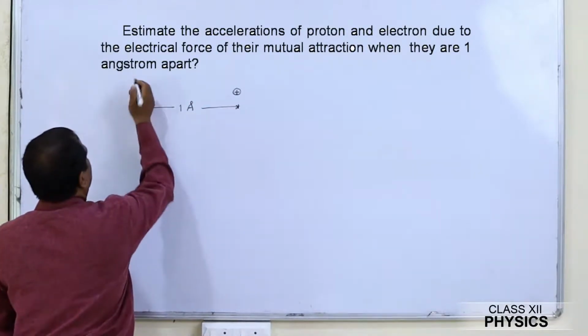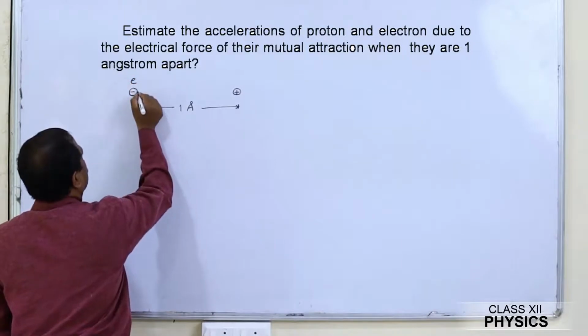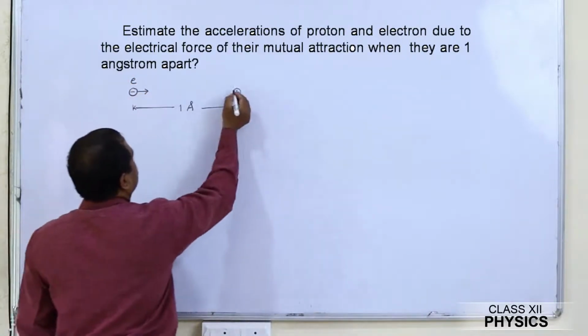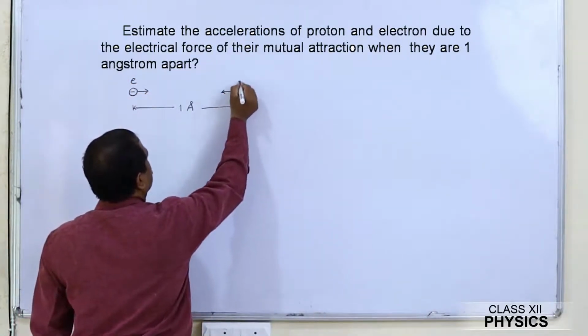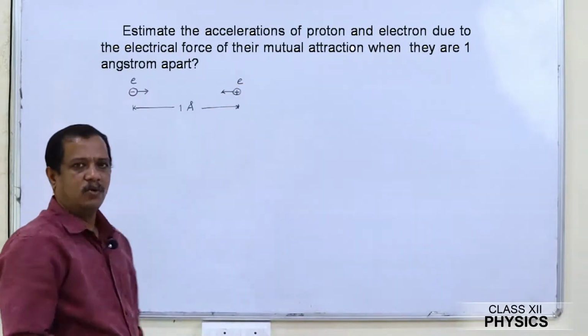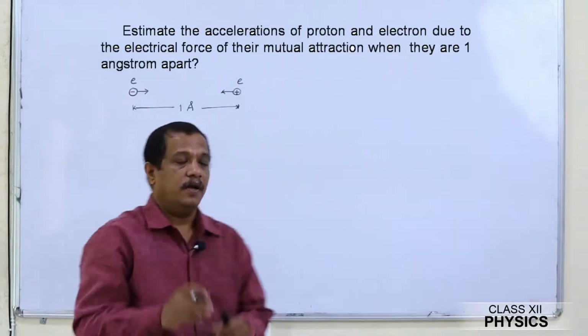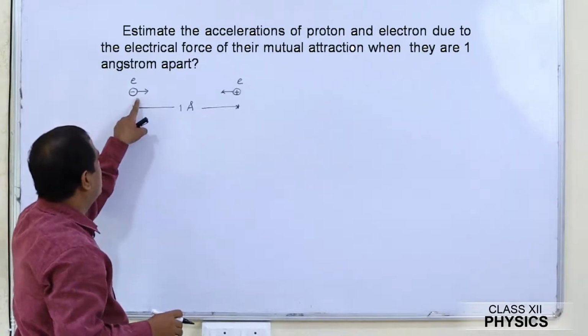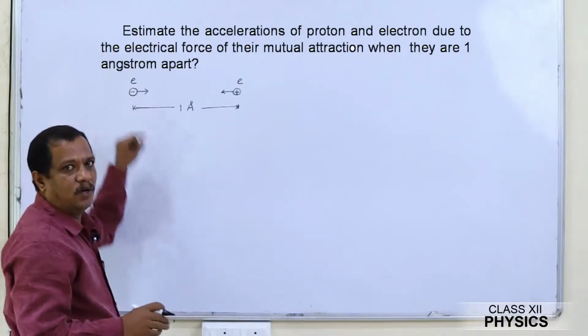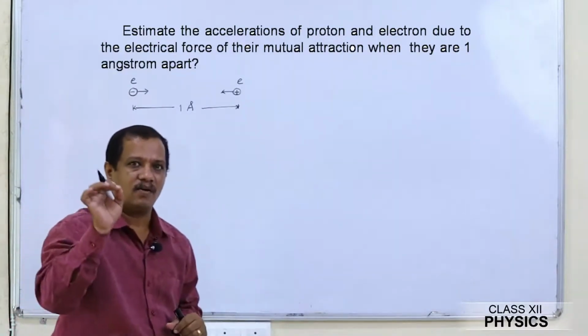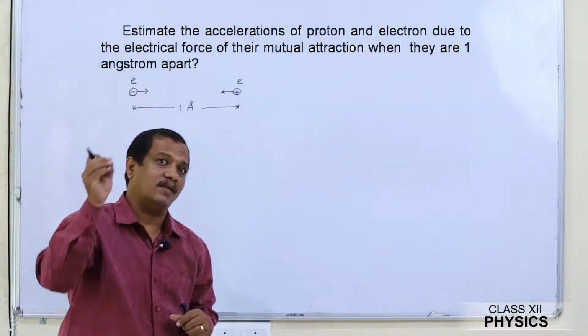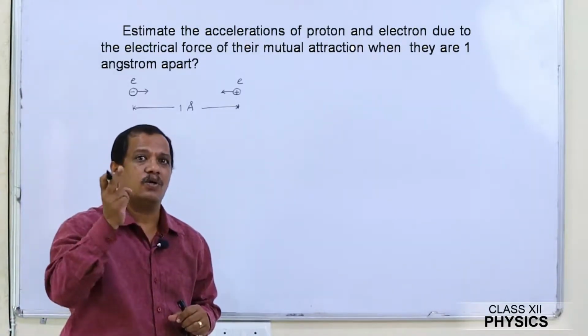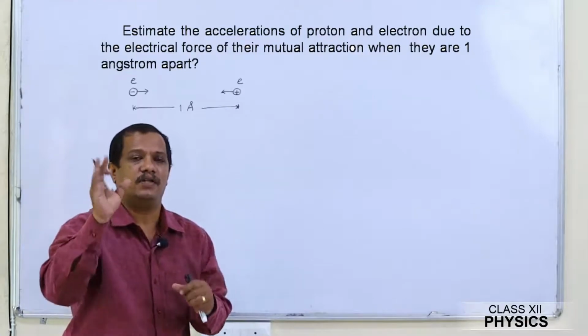This electron will experience a force of attraction, and this proton will also experience a force of attraction. I want to calculate the force of attraction. Because of this force, these bodies will be accelerated. I want to calculate the acceleration on the electron and the acceleration on the proton, and compare these accelerations with the acceleration due to gravity.